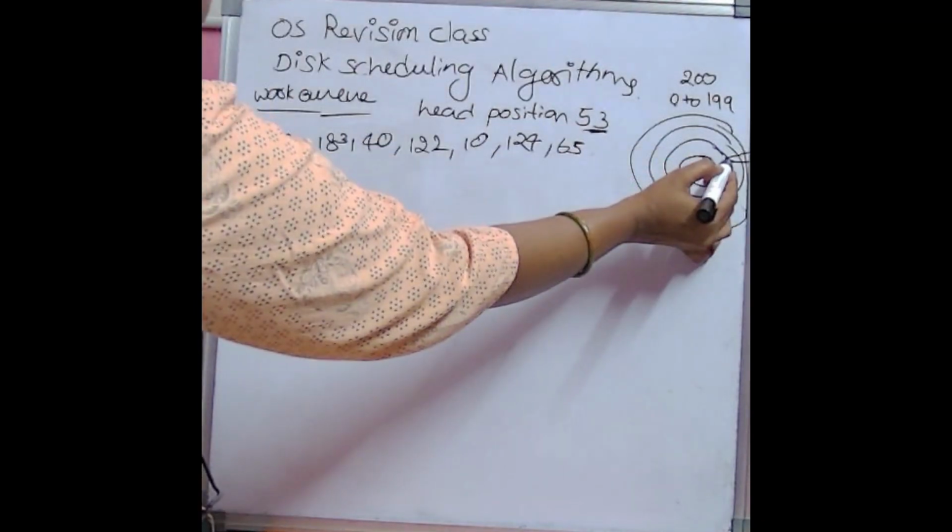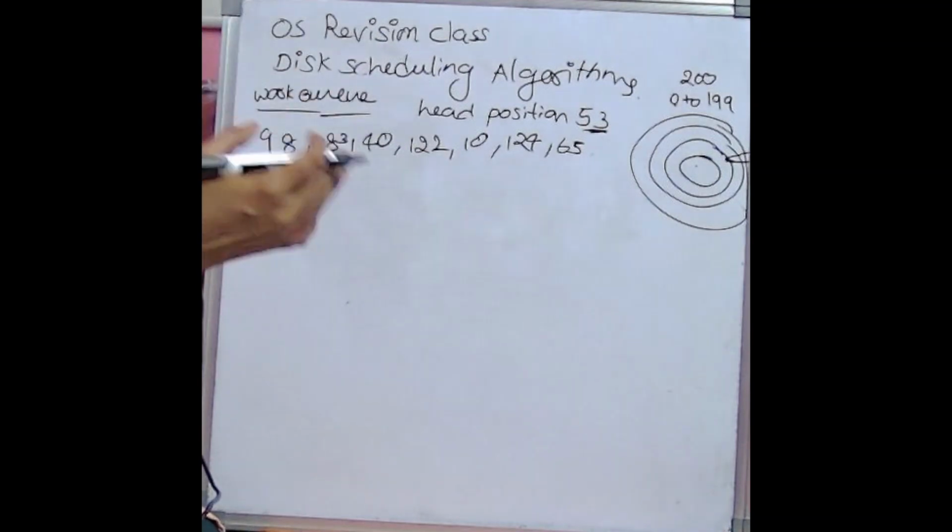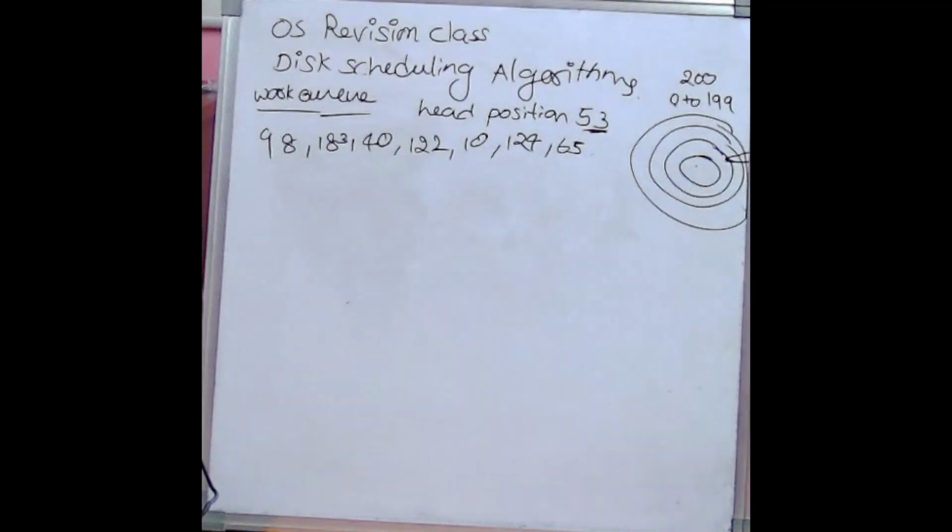Now our current head position is at cylinder 53. To satisfy all these requests, to store or read the data, the operating system needs to move the head to all these cylinders. How many cylinders it travels depends on the different algorithms. These different techniques are called disk scheduling algorithms.